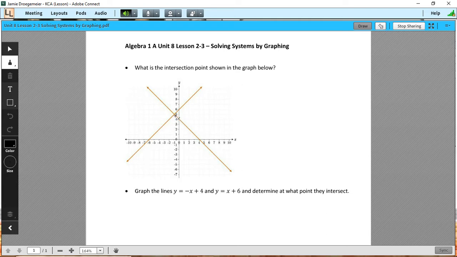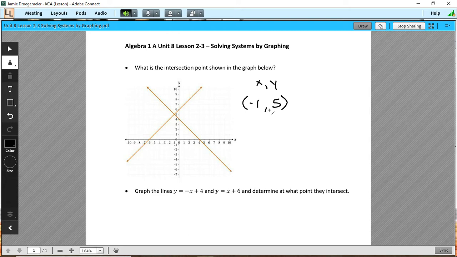And for this particular one, looking at the graph, it looks like it is intersecting at the point -1, 5. And so when we're talking about a system of equations, we would say that that point, -1, 5, an x value of -1, a y value of 5, is the solution to that system. That would be the x and y value that make both of those equations true.